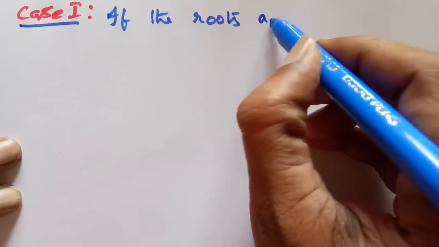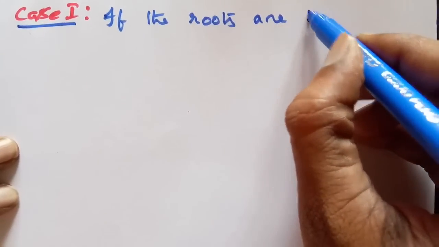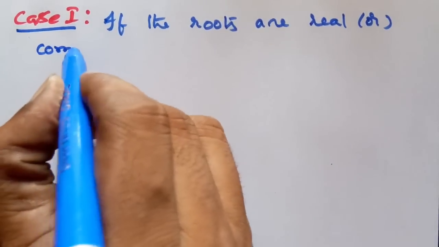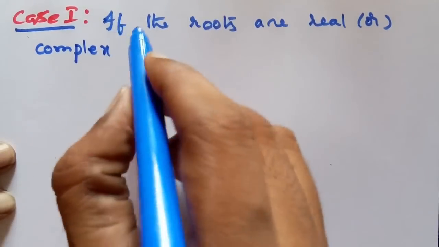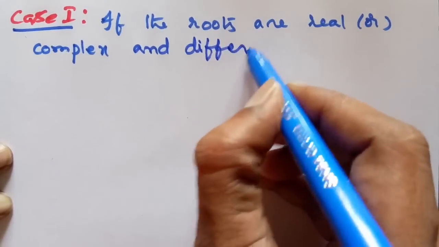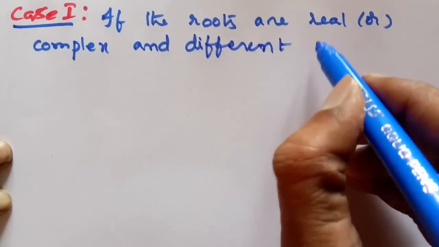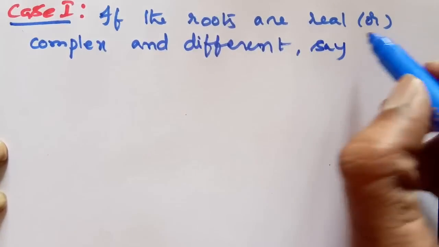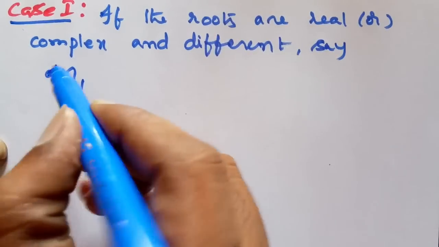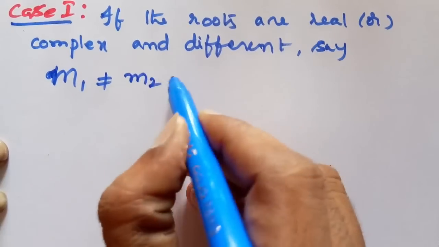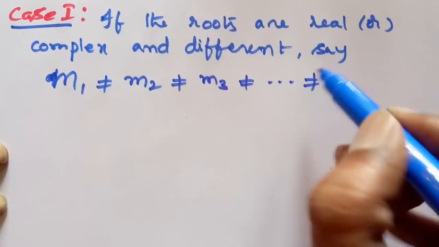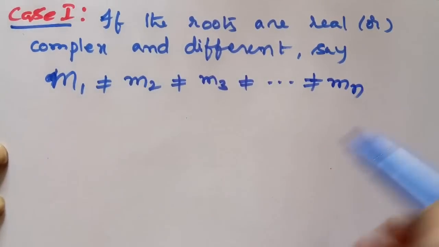If the roots are real or complex, and different, say m1 not equal to m2 not equal to m3 not equal to, and so on, not equal to mn.